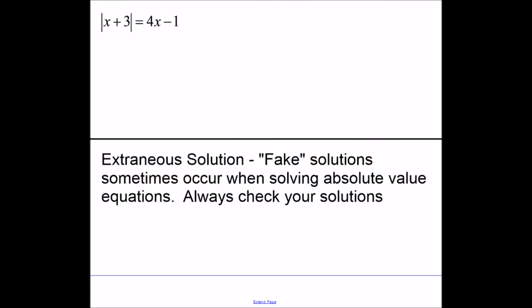All right, now this one's more difficult, and what makes it more difficult is that there is a variable inside the absolute value, and then there's another variable that's outside the absolute value. And when we have more complicated absolute value equations like this, we end up with extraneous solutions.